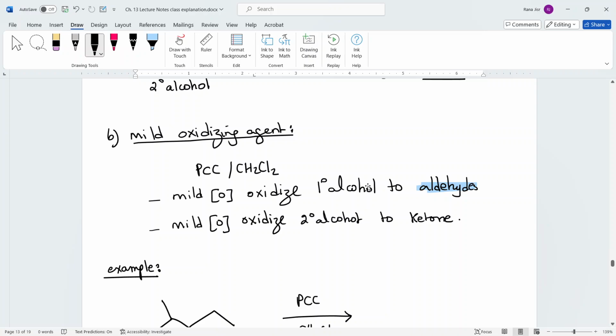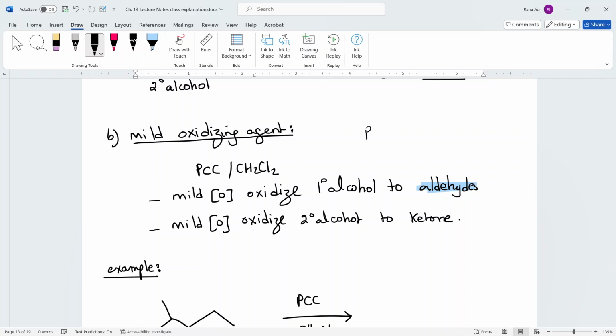Now for the mild one. The mild one means it's less strong. And the mild one is the PCC in presence of dichloromethane. PCC is pyridinium chlorochromate.